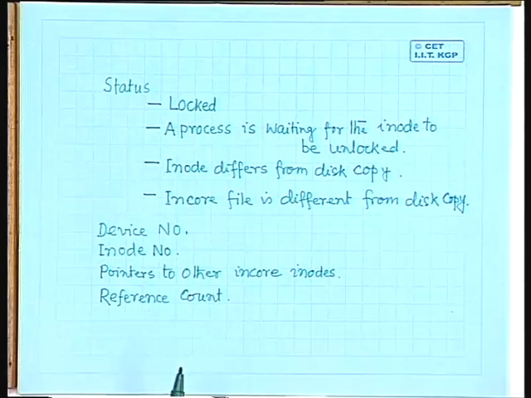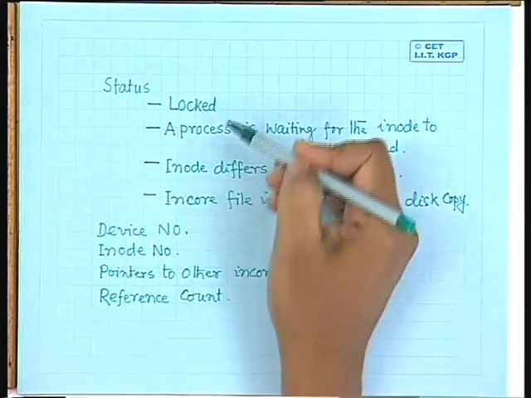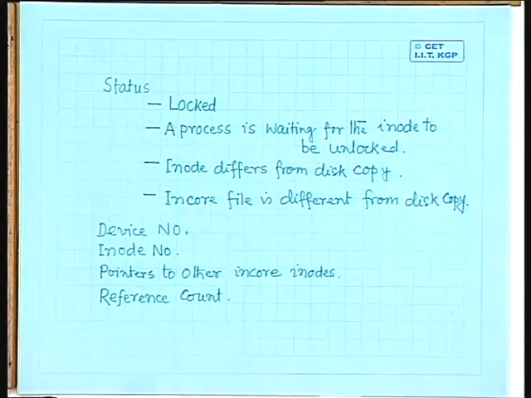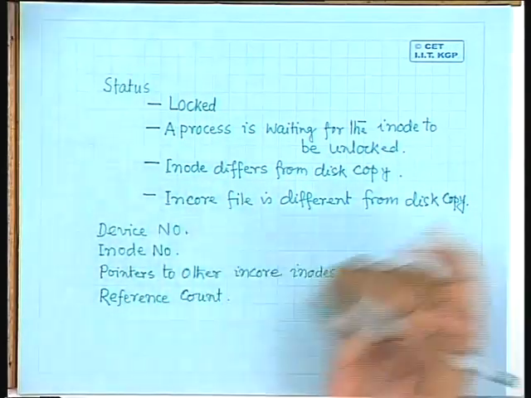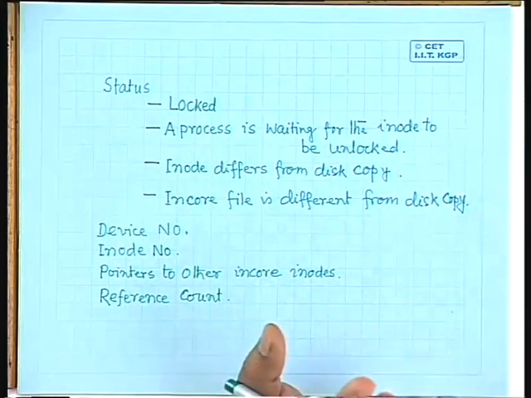So after the first process, if the second process closes the file, then the reference count field, which was earlier equal to 1, now becomes equal to 0, and when it becomes 0, the inode can be put onto the free list. So that is the difference between buffer cache management and inode management. In case of buffer cache, we have said that whenever the buffer is unlocked, I can put it onto the free list, either at the head or at the tail of the free list.